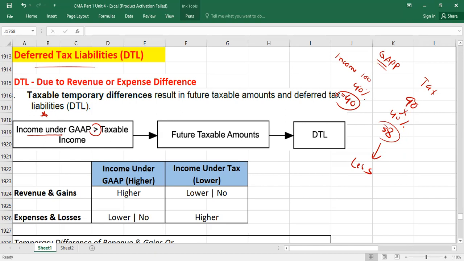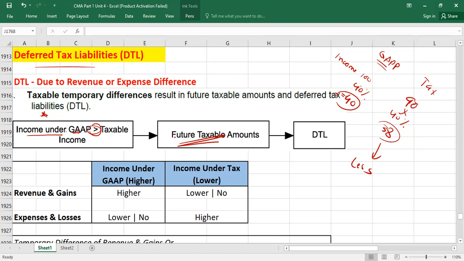So that's why it's written here, whenever income under GAAP is more or less, I will not leave this point until you are clear. If income under GAAP is more than taxable income, the difference is called future taxable amounts, or taxable temporary differences.